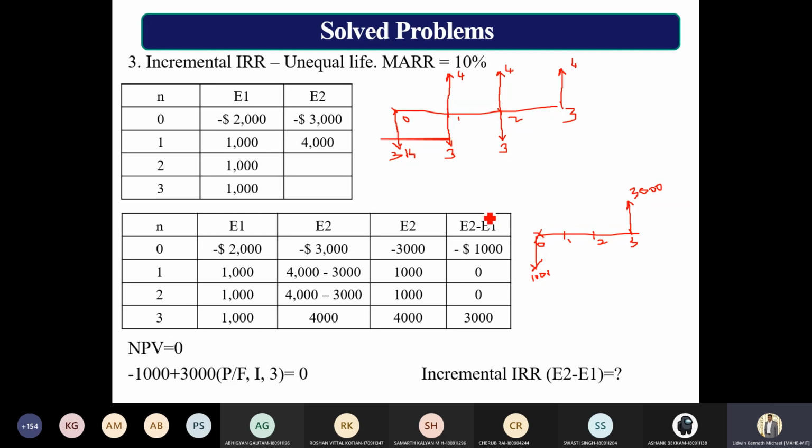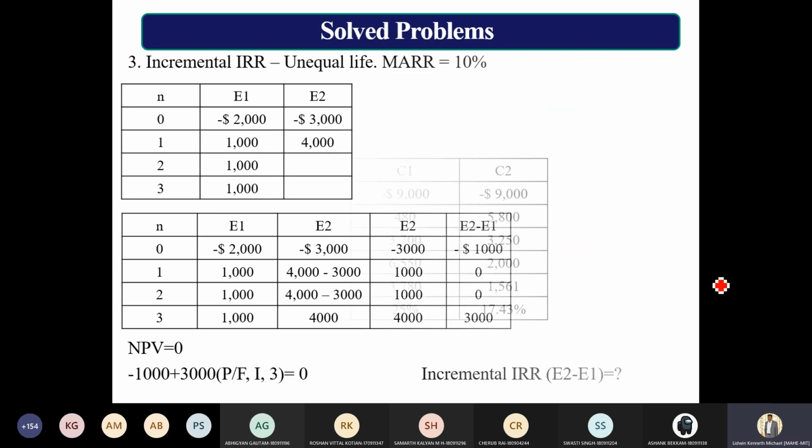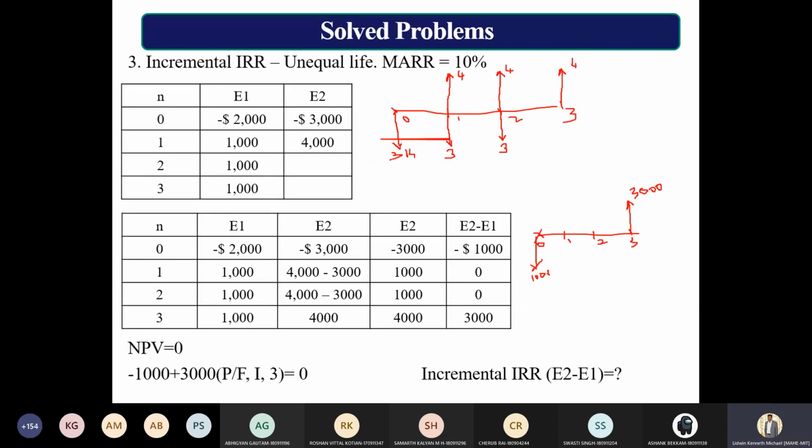Did anyone get the answer? Okay. Yes, E2 is selected because you get E2 minus E1 equal to 40% or 42%, if I remember. Right? So E2 minus E1 you get equal to 40%, close to 40% or maybe 42 point something.